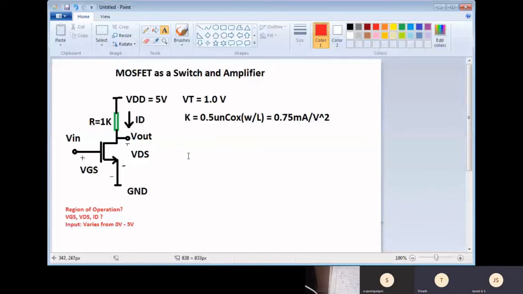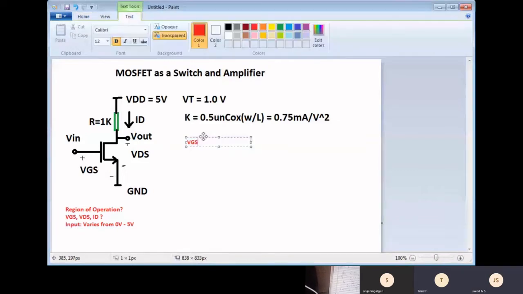One is we have to write the equation VDS should be greater than VGS minus VT. In VDS we can write VD as 5 minus ID into 1 kilo ohm.